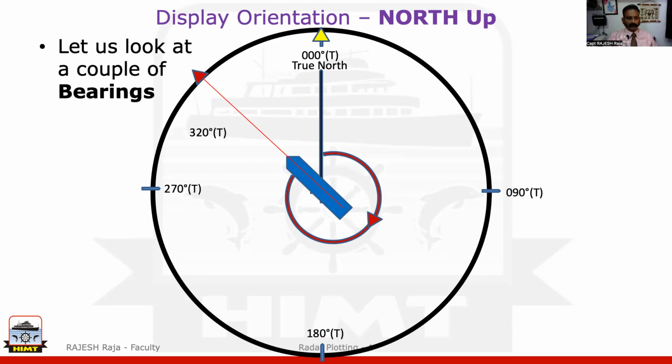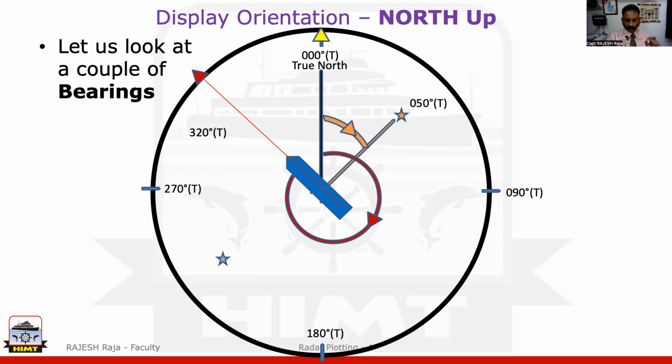Let us look at a couple of bearings. Why? Because in radar plotting we're going to talk about targets and bearings, bearings and ranges. So bearings are important. Let us look at a simple lighthouse. When you want to measure a bearing, you should always join your vessel and the lighthouse, then start from the true north, go in a clockwise direction and see what that angle is.